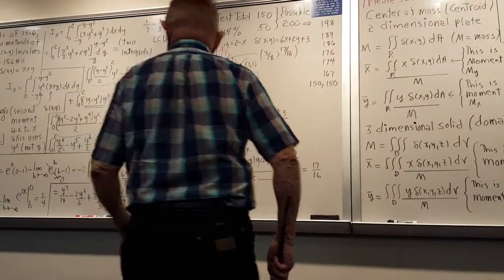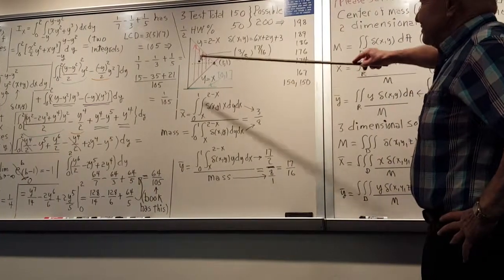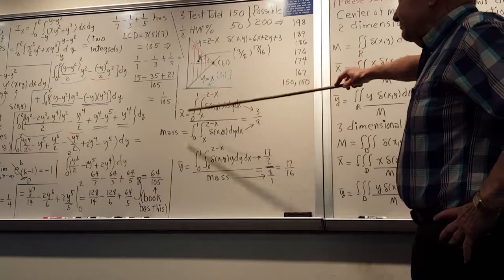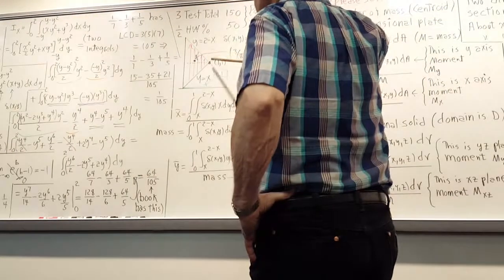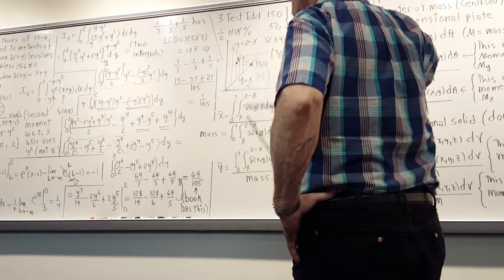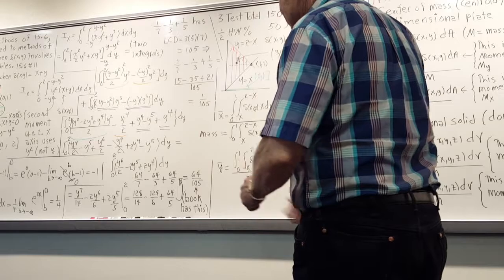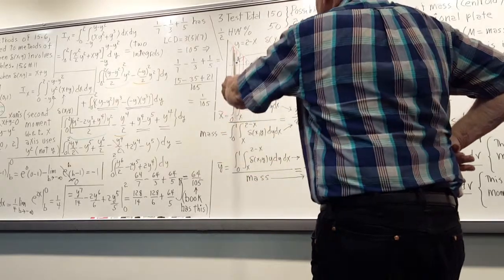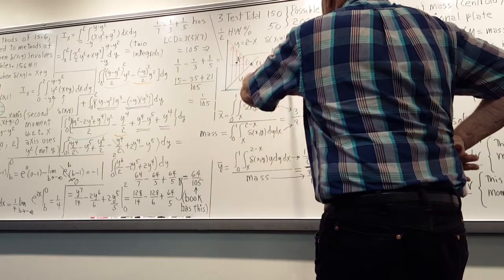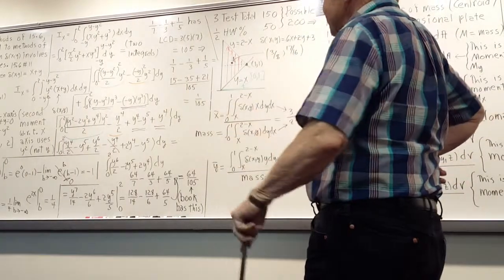Then I also have one more here. This is problem, see, I guess I didn't ever write the number. It's one of the homework problems anyway. And so you have the variable density and it wants the center of mass.